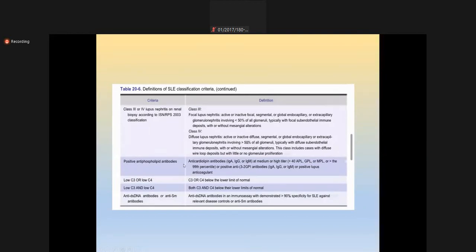When will you suspect that a patient is having antiphospholipid antibody syndrome? You will suspect it if there is formation of blood clots in any part of the body.